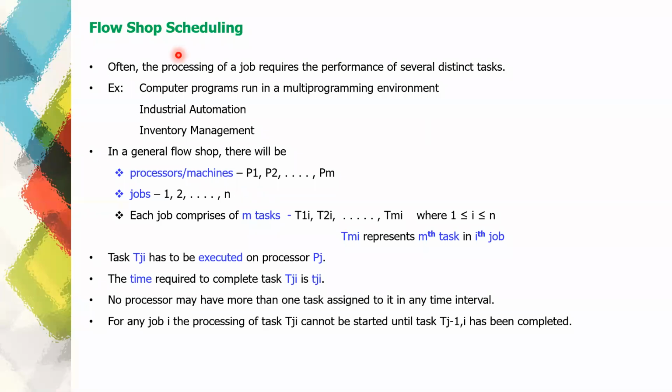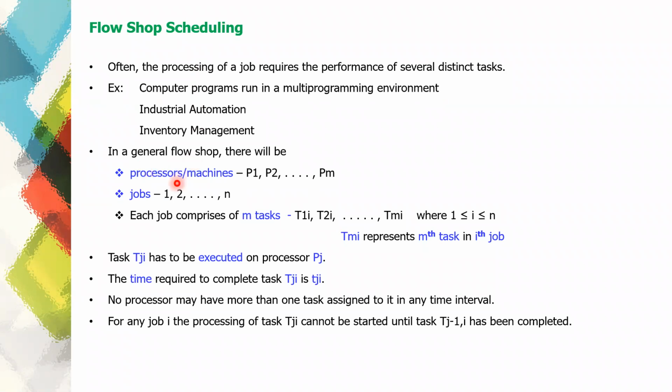As you have already studied your operating system subject, you already know what CPU scheduling is. This is also a similar thing to CPU scheduling, but it is called flow shop scheduling. This will be the general structure of a flow shop.